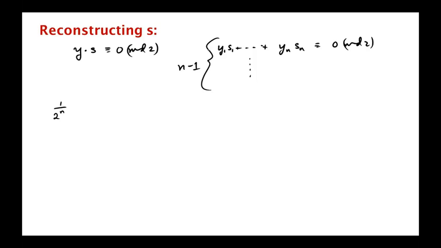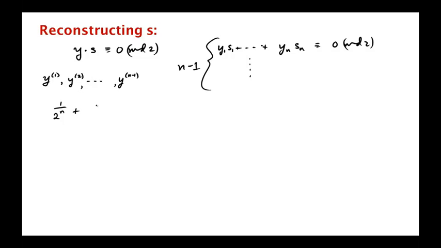So let's say we sample y sup 1, y sup 2 through y sup n minus 1. These are n minus 1 linear equations. The chance that the second one is bad is if the second one happens to be the all 0 string or y1.